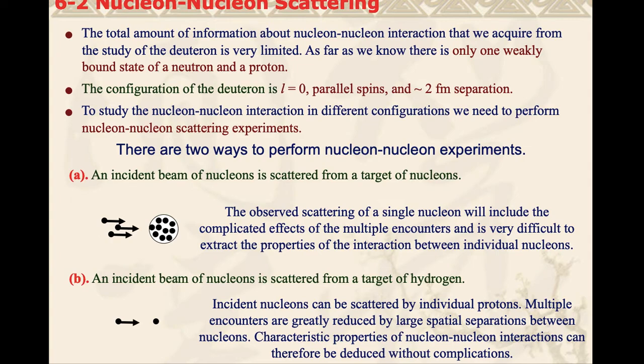So if one nucleon is approaching the nucleon in the target, only that nucleon will be affected, from the nucleon in the nucleus of the target material. There will be no effect from the neighboring atoms. So, characteristic properties of nucleon-nucleon interactions can therefore be deduced without complications.